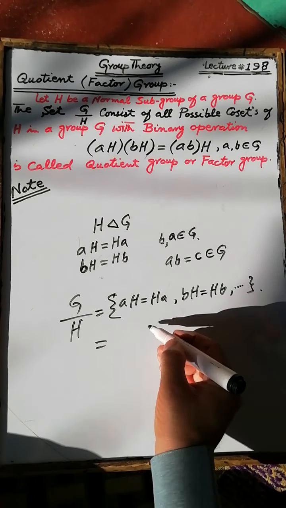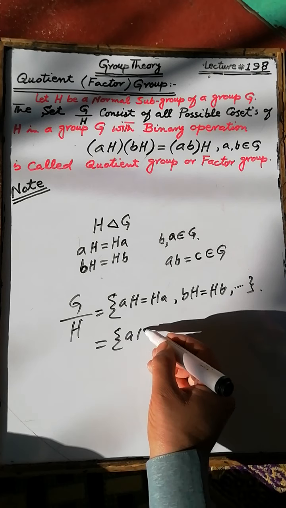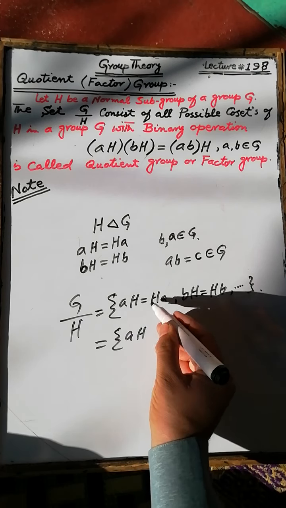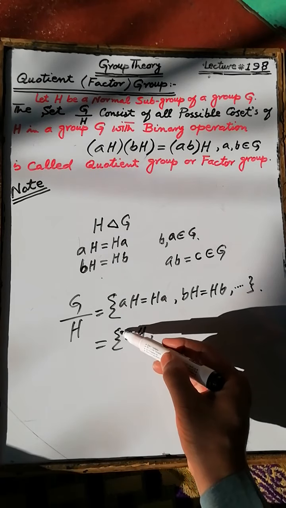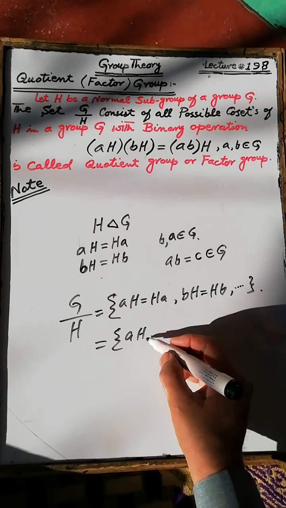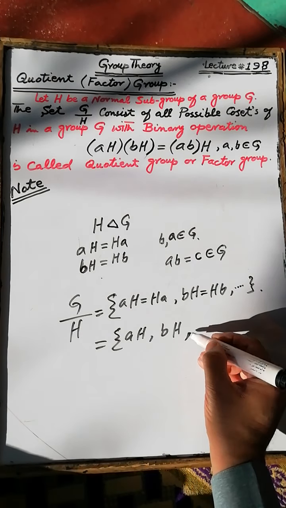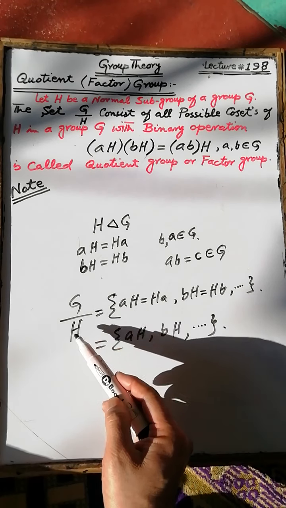Therefore, we collect the left coset, that is, we collect one of the sets from these two sets according to the definition that this is a set, and in a set we collect distinct elements. Therefore, aH and bH and so on, these are the elements of the set G by H.